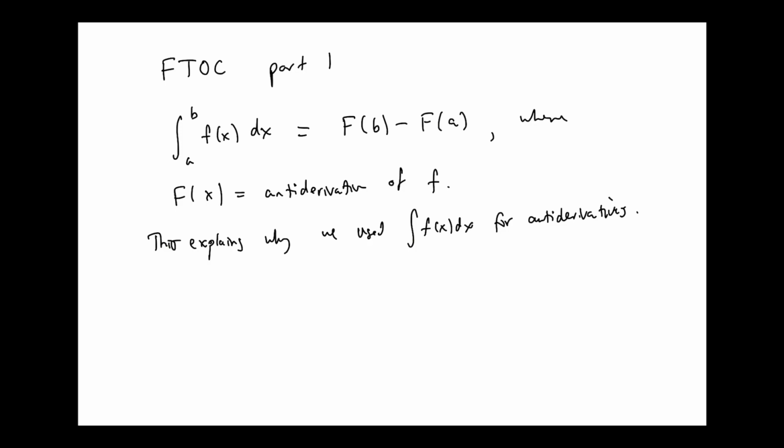So what I mean is, we stumbled upon this stuff. We said, oh, this area function has something to do with antiderivatives. So why don't we use a common notation for the two of them, because they're related to each other? Doesn't that seem reasonable?